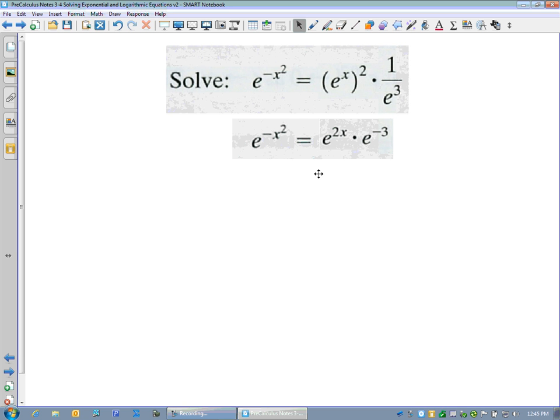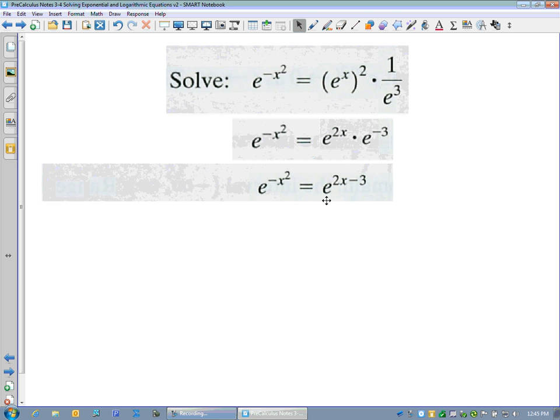And now on the right side, I can further combine that because I am multiplying powers. So when you multiply powers with the same base, you're going to keep the base and add the exponent. So 2x plus a negative 3 is the same as 2x minus 3. Now we have a single exponential on both sides.